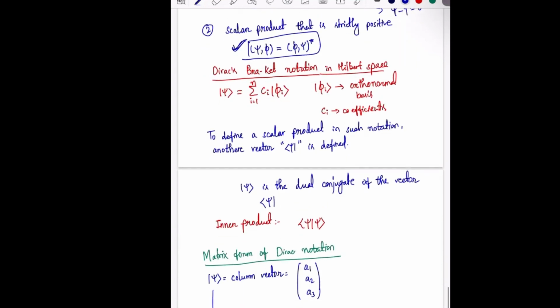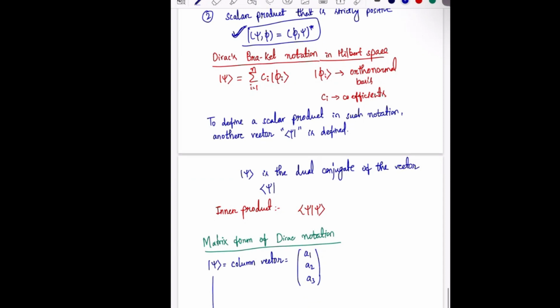So in Dirac notation, what we do is we represent a state psi in terms of the basis vectors. The basis vectors can be represented in various forms. If phi i is the orthonormal basis, then we can represent psi in terms of this.